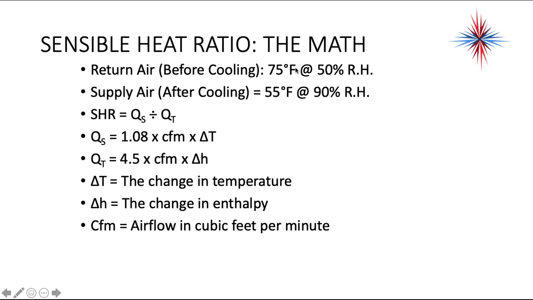So we have our supply air before cooling of 75 at 50, 55 at 90. Our sensible heat ratio is QS divided by QT. QS is sensible heat. Okay, the sensible heat formula is 1.08 times the CFM, which is cubic feet per minute, times delta T. In this example, because we're talking about 1 cubic foot of static air, we're just going to use 1.